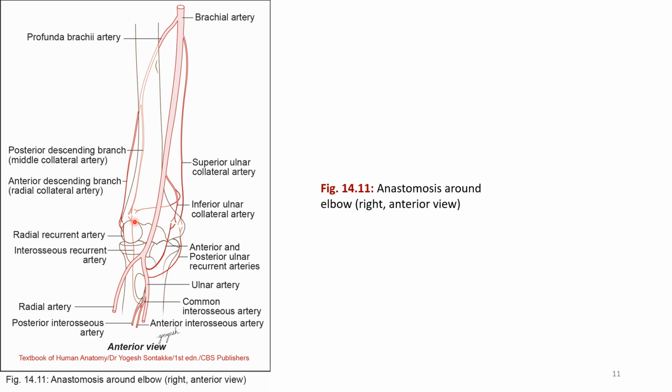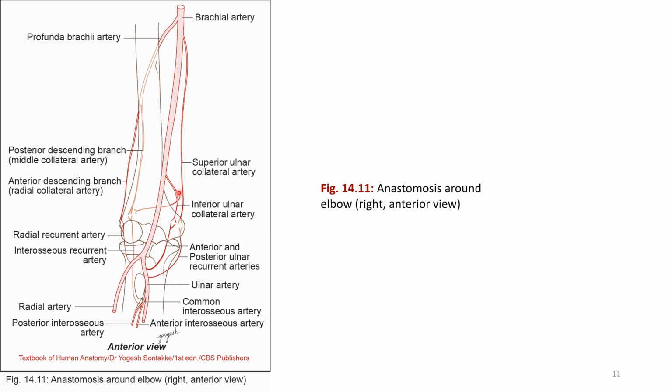Then above the olecranon process of the ulna, above the olecranon fossa, there is a transverse anastomosis between the middle collateral branch of the profunda brachii and a transverse branch from the posterior division of the inferior ulnar collateral artery.